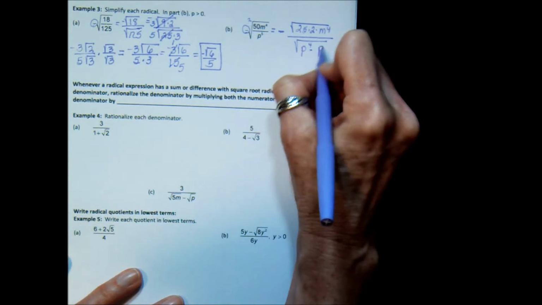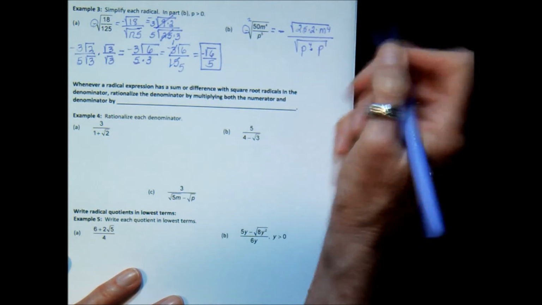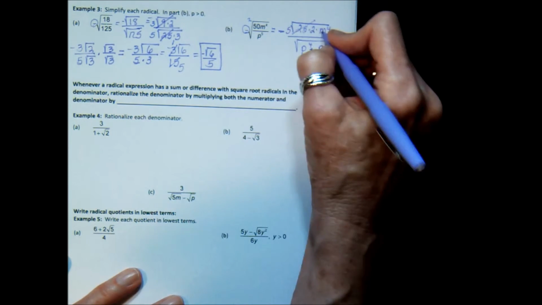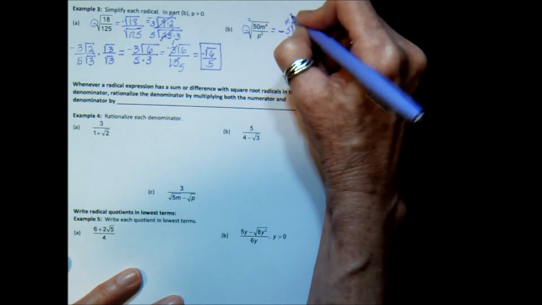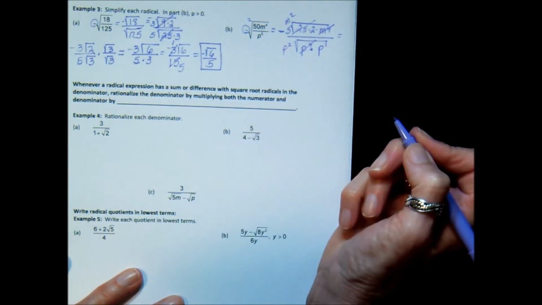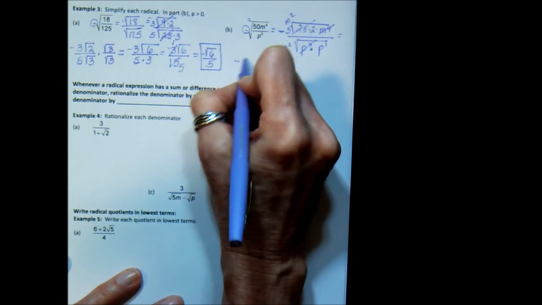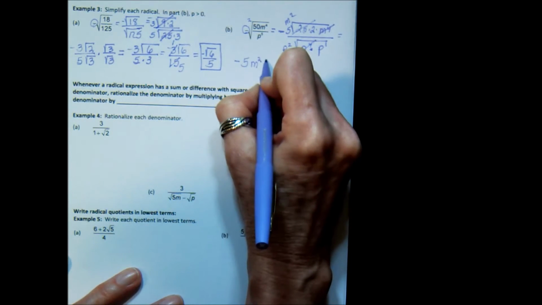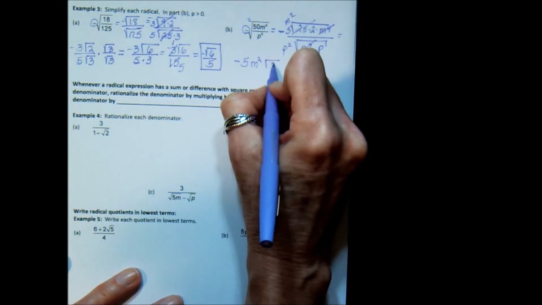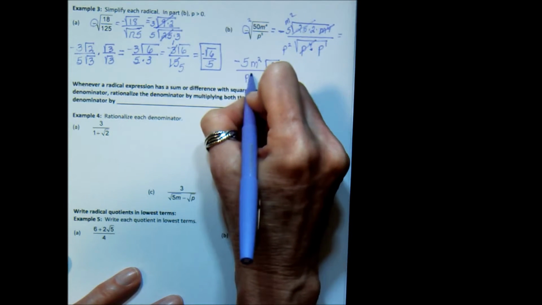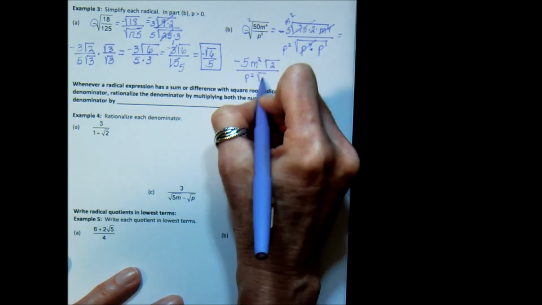So P4 times P1. I'm going to pull out the 5, pull out the M squared. Here, I'm going to pull out P squared. So what's left is negative 5 M squared square root of 2 all over P squared square root of P.